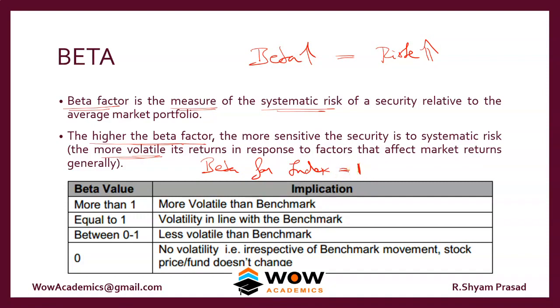In relation to the index only, we are trying to find out the beta of a company. If the beta is between 0 and 1, then it is less volatile than the benchmark. If it's 0, then it's not related with the index at all. Mostly the case would be between 0 and 1. Zero is not a usual case.